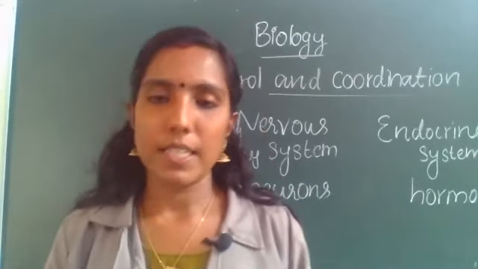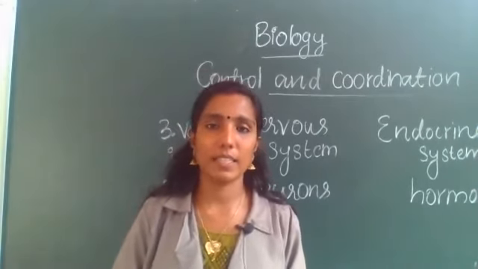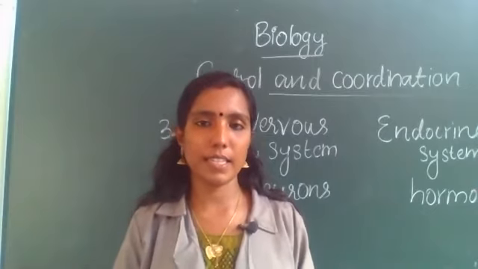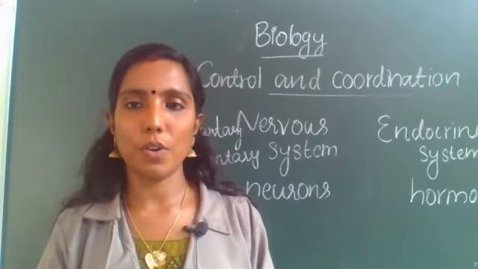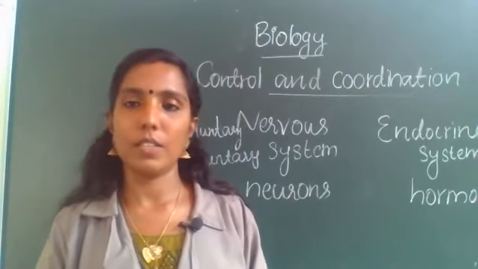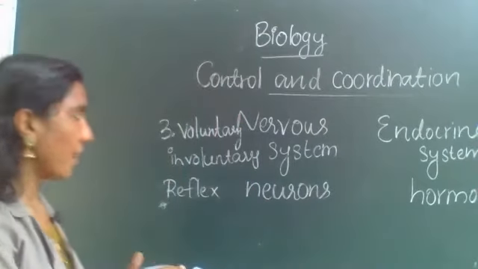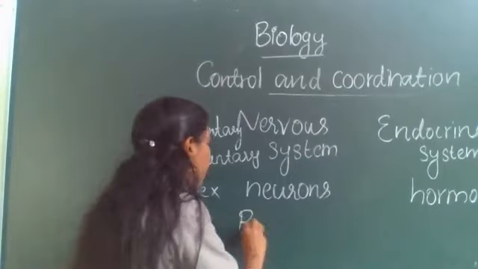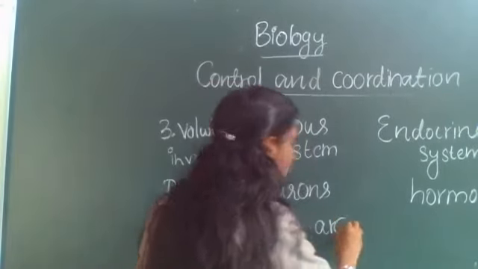Then we discussed about the reflex arc. What is reflex arc? It is like a reflex action. We discussed that it is a sudden spontaneous process that happens when we are going to touch a hot object. Suddenly we are withdrawing our hand. This is because of reflex action. So now we are going to see how this reflex action is happening. That is the reflex arc.